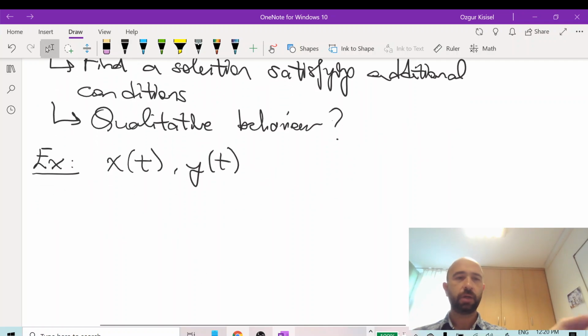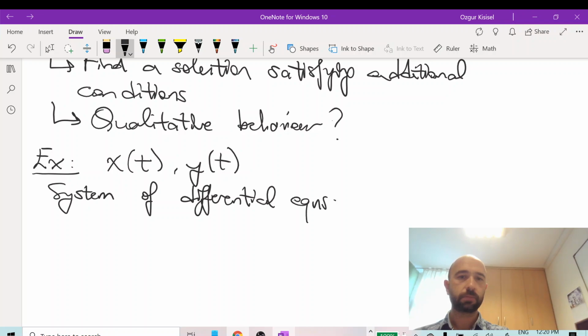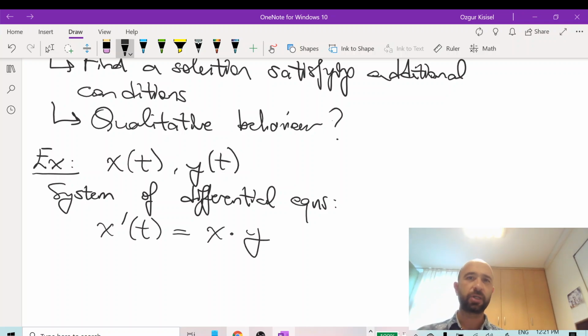I'll write a so-called system of differential equations. Here it is: x prime is equal to, let's say, x times y. Well, I'm making these equations up. They don't mean anything special. They're just examples here. And y prime.